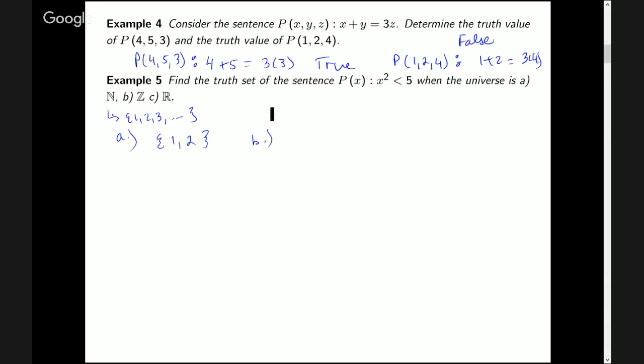In part B, we're talking about the integers. The integers are the set of negative and positive numbers, and they include 0. So which values there have a square less than 5?